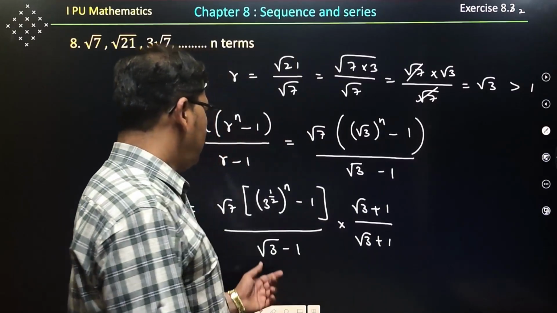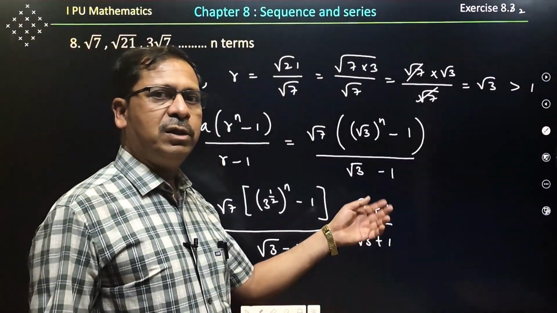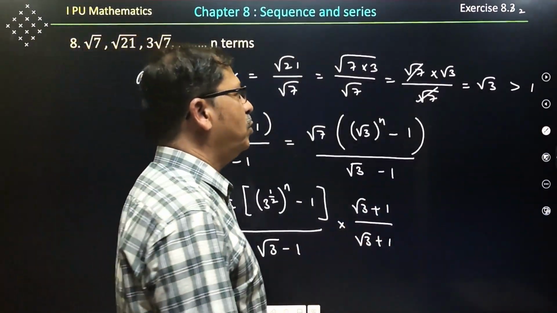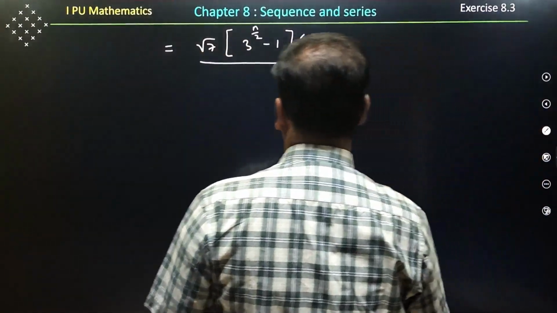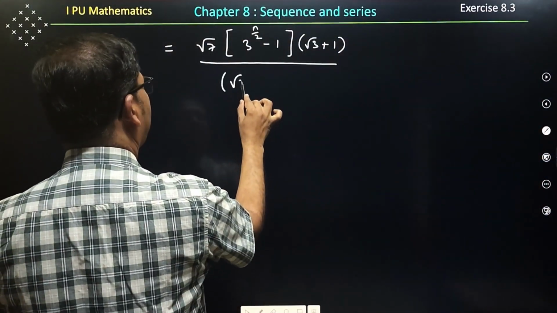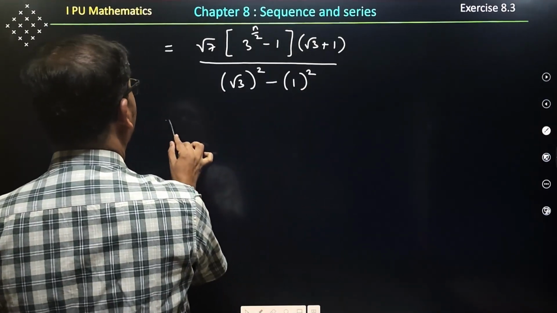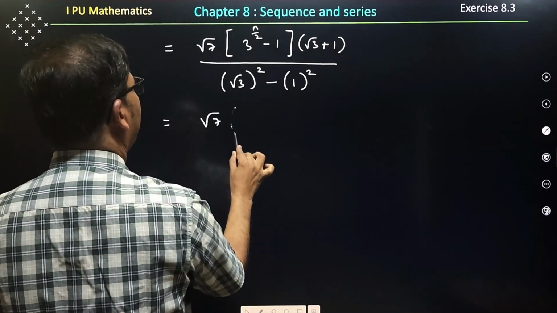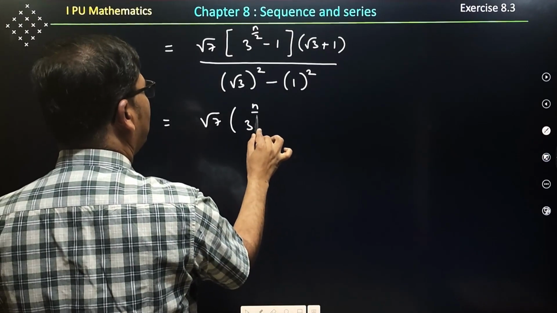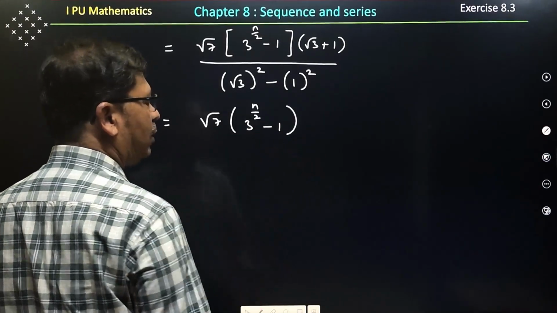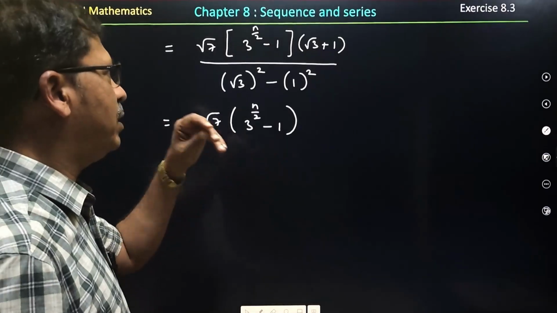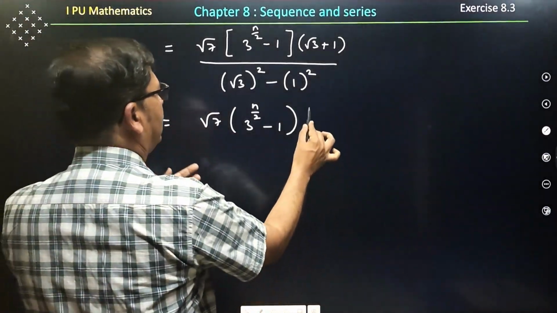See, root 3 minus 1 into root 3 plus 1, that is a plus b into a minus b, that is equal to a square minus b square, that is root 3 bracket square minus 1 square here. So this is equal to root 7 as it is into the bracket 3 to the power n by 2 minus 1. This is one factor. You don't try to simplify anything else further, it is not possible also here. Keep it as it is.